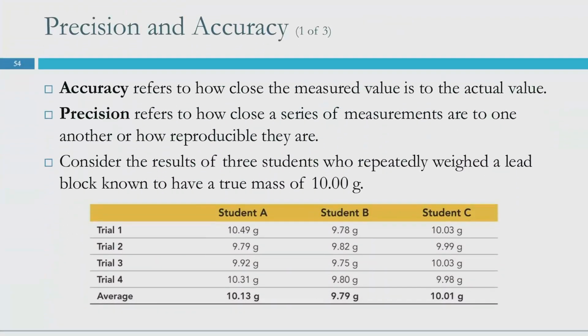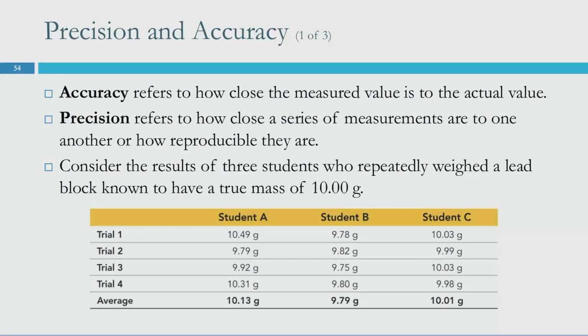Some other terms relevant to taking measurements are precision and accuracy. Precision and accuracy are often confusing even for people that teach them, because a lot of the time in our normal, non-scientific conversations, we would probably think of precision and accuracy as being sort of the same thing, and they're not.